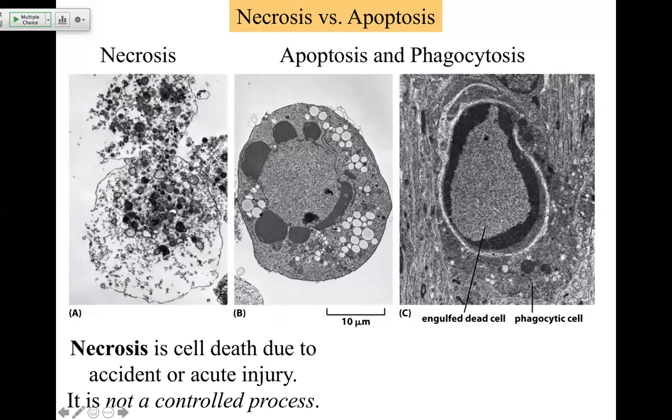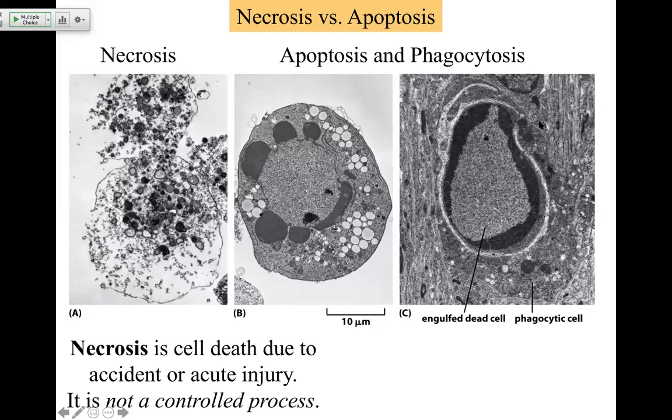It's a messy death. In contrast, apoptosis, which is an active process, is a controlled and neat death, where all of the cellular components condense and shrink up, and then will be phagocytized by a surrounding cell.